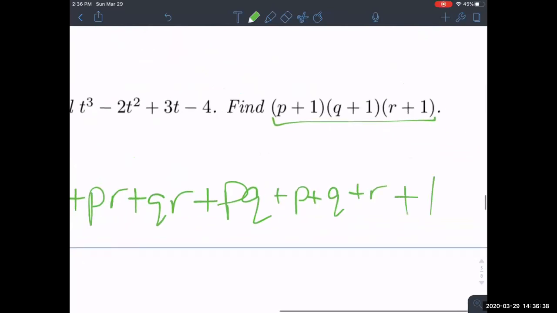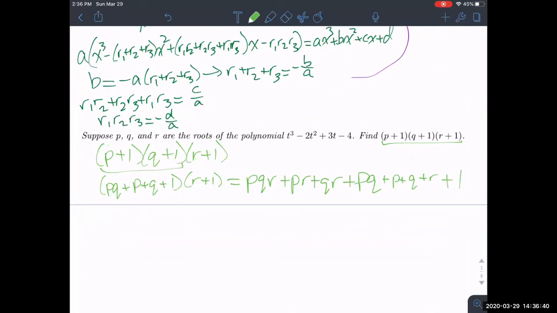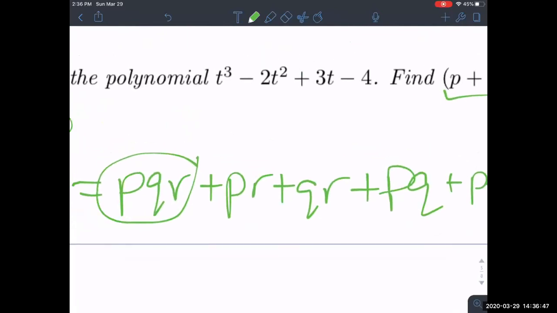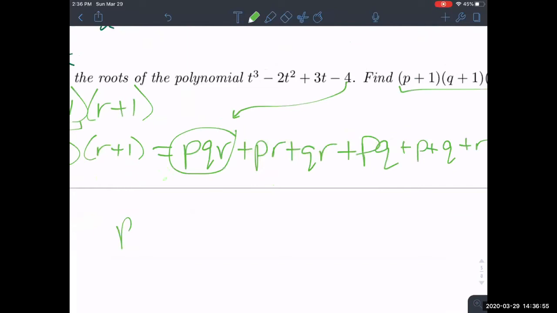Don't forget the 1. So all of these should look pretty familiar. PQR is going to be the roots multiplied, which will be negative negative 4, which is positive 4.